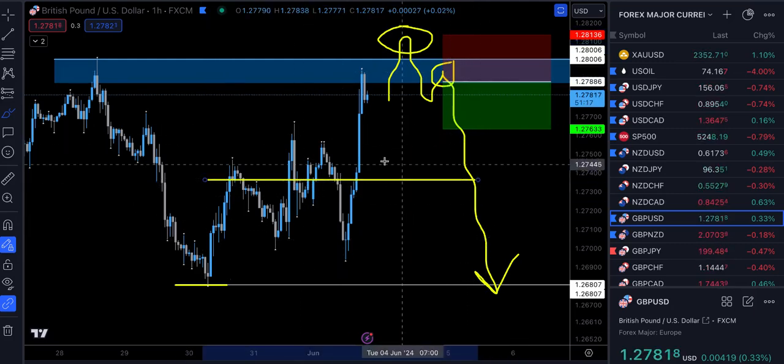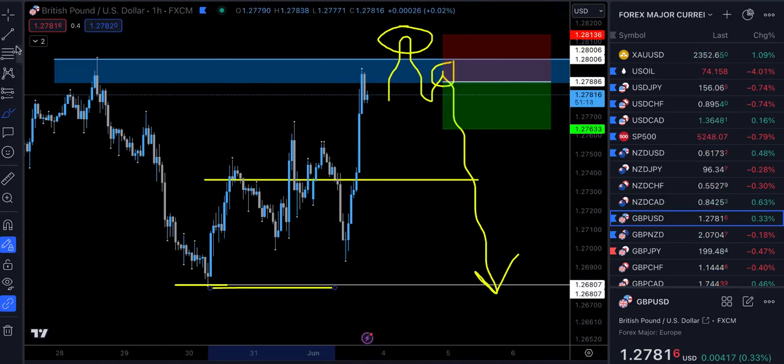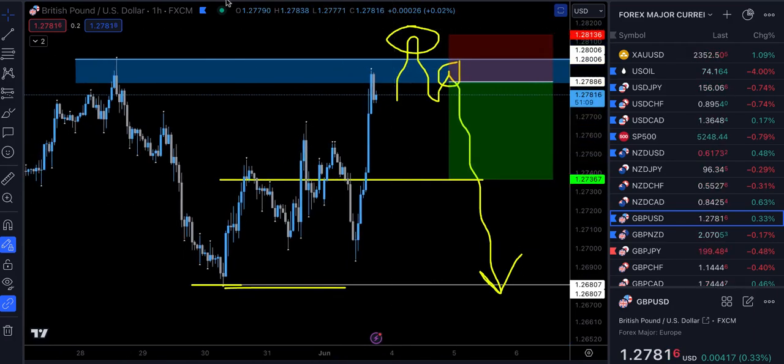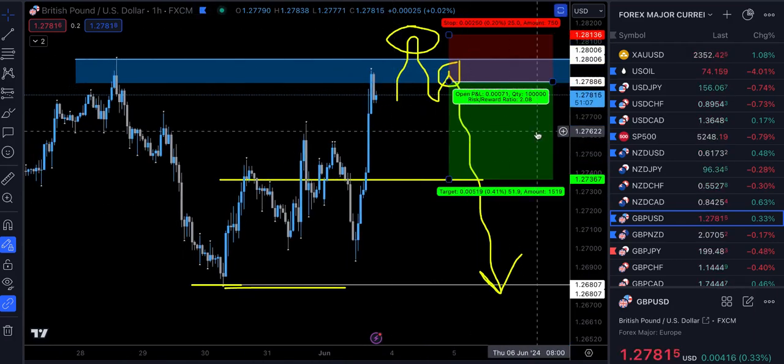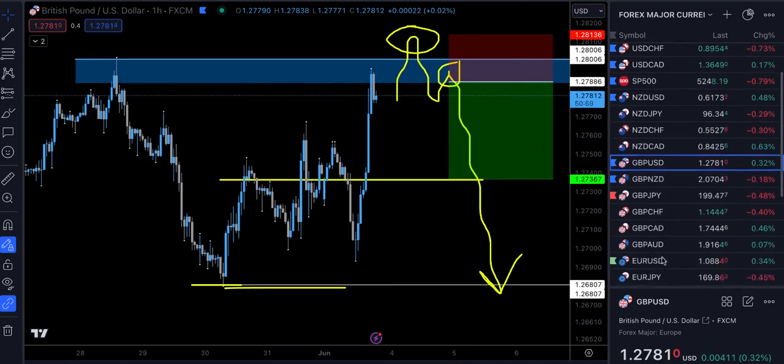Probably mid-range as a first target, and then the bottom of the range as your final target. As I said, you need a bit more price action to present itself in order to get a super accurate trade on GBP USD.